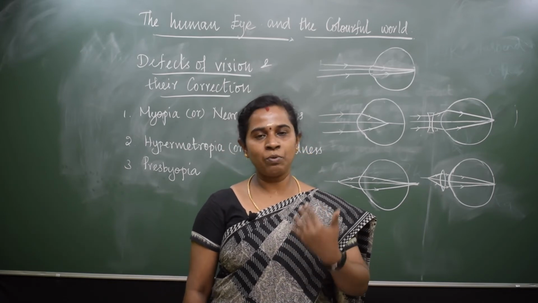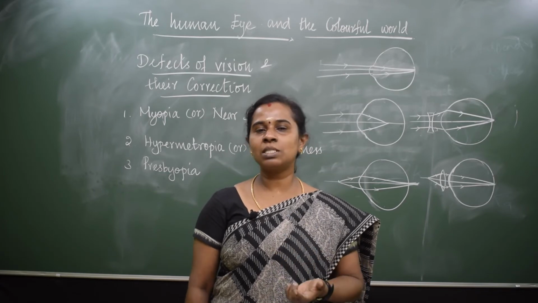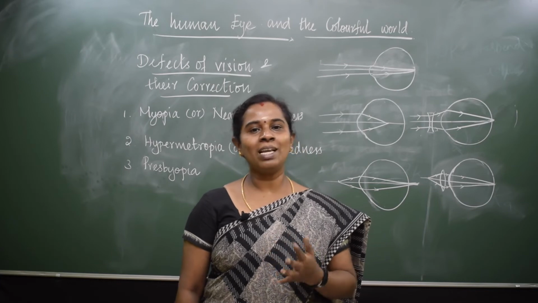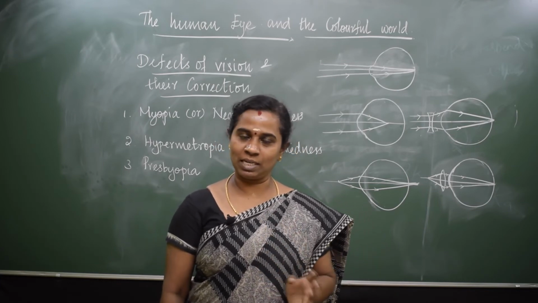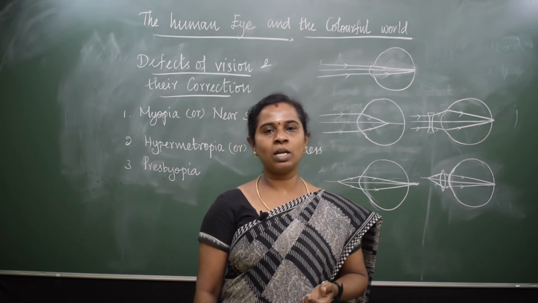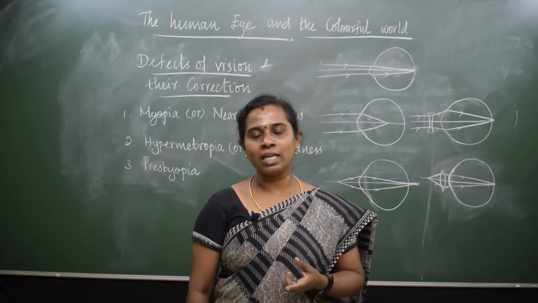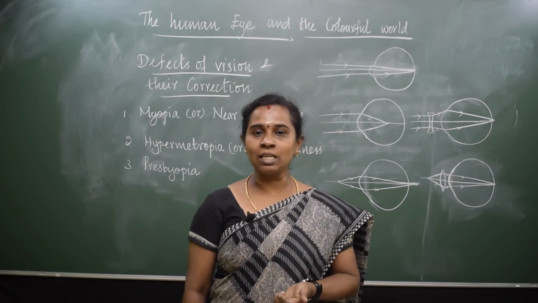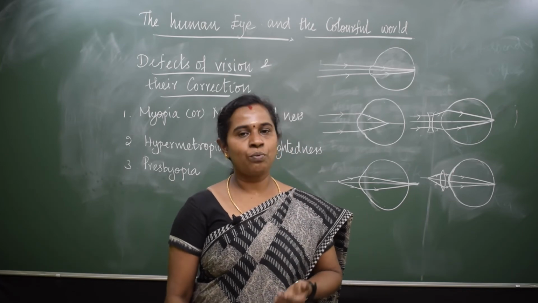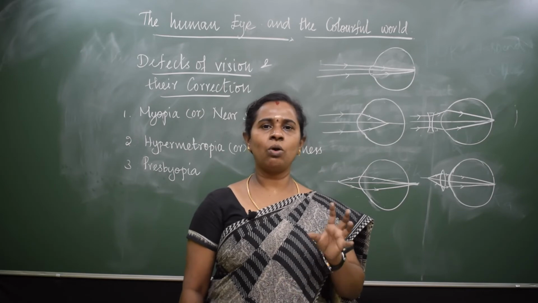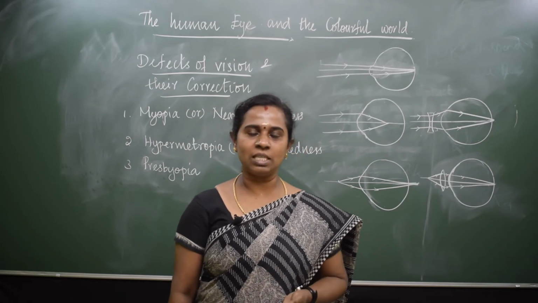Now, for aged people, the ciliary muscles become hardened and the eye lens loses its flexibility. Due to that, they can't adjust the focal length of the lens. Those people can't see any object clearly. They get blurred images.